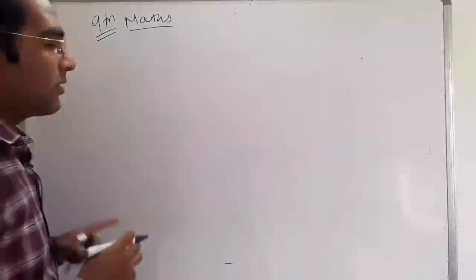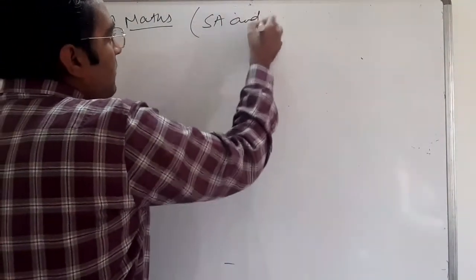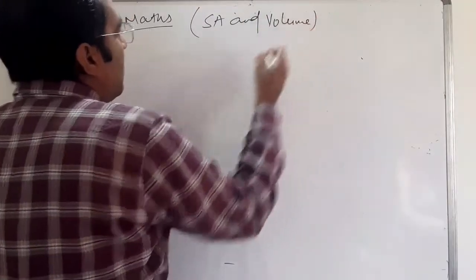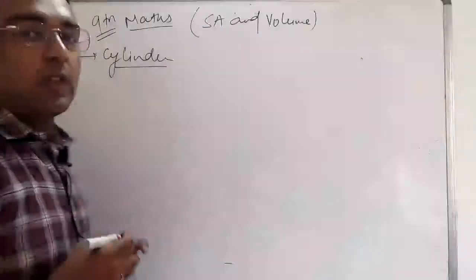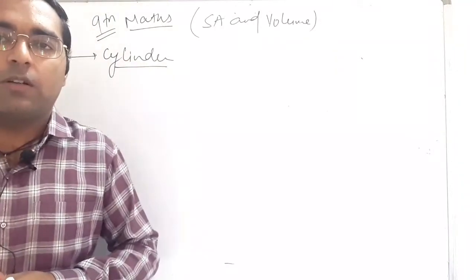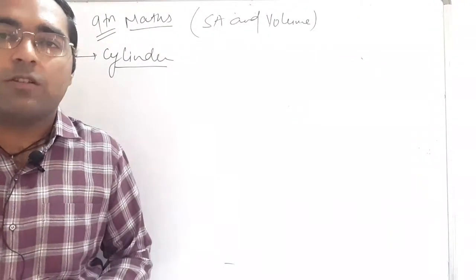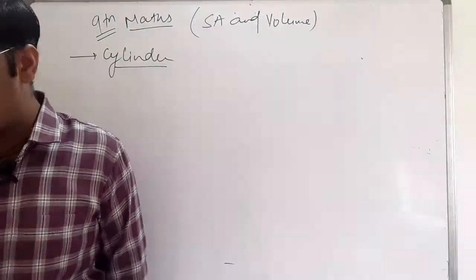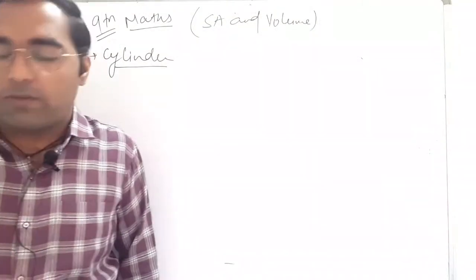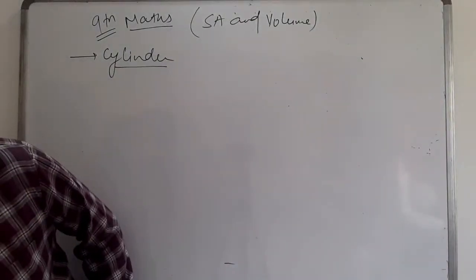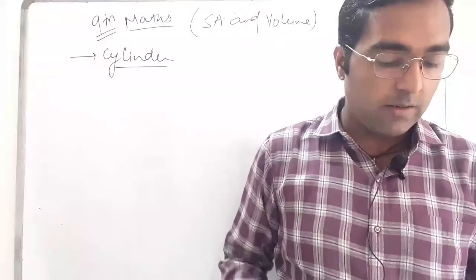As per the previous lecture, we already learned about the surface area of the cylinder, but in today's lecture we will learn about the volume of the cylinder. So let us start without wasting time, with some examples related to volume. Okay, so students, let's start.